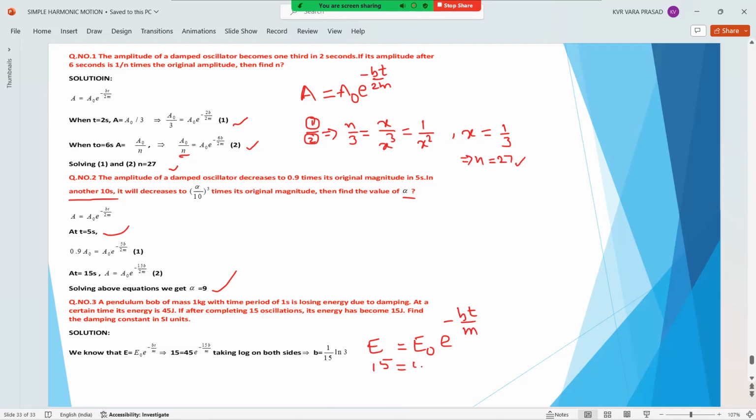In the place of e naught 45, it is e power minus 15 oscillations means, you are given time period is 1 second. So 15 oscillations means 15 seconds. So 15 b by m, and m value is 1. So now we have to solve for b, which is known as damping constant. Okay.